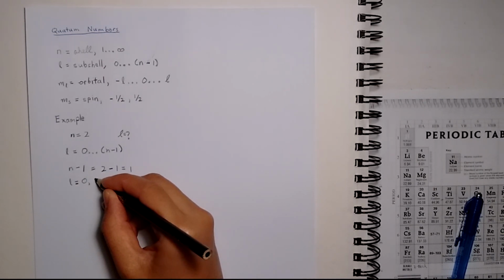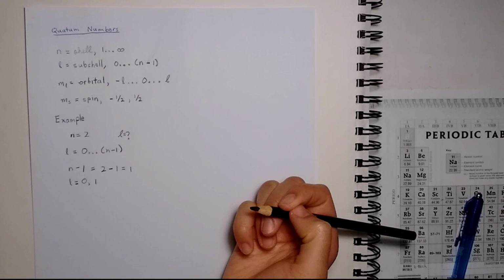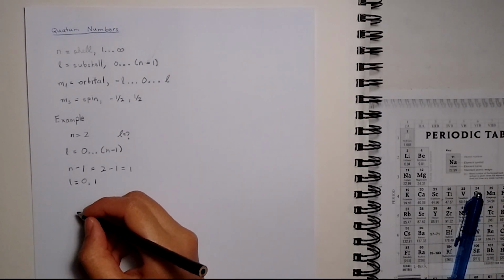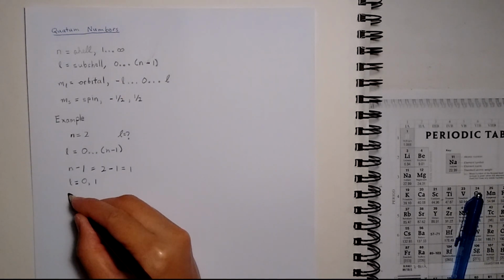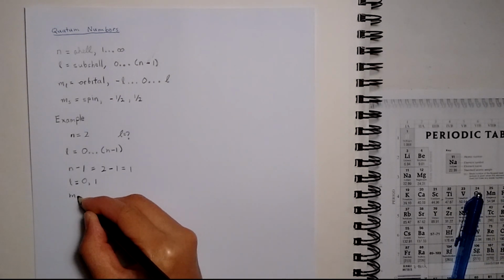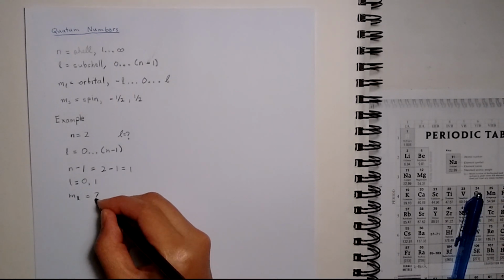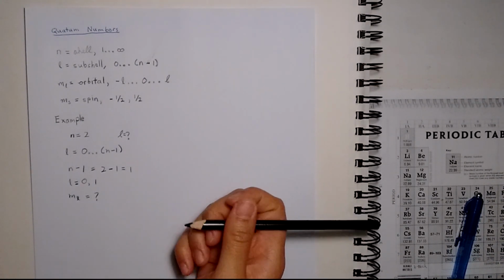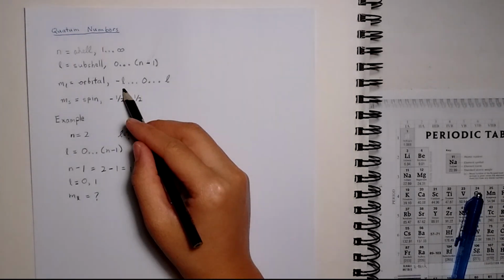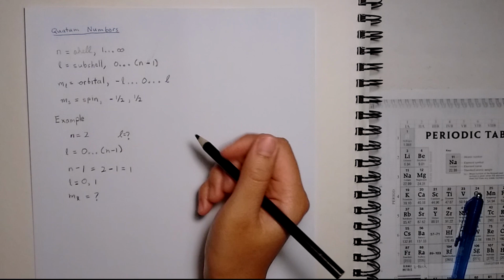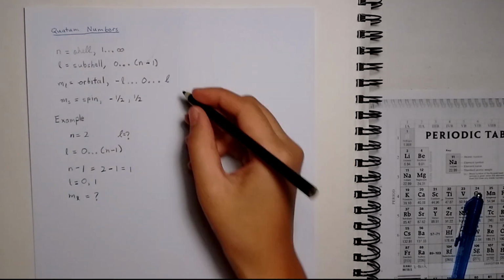Okay, now for our second example, we can find the values of m sub L. And we know from our rules that it is going to be from negative L through 0 and through positive L. So what is our negative form of L and what is our positive form of L?